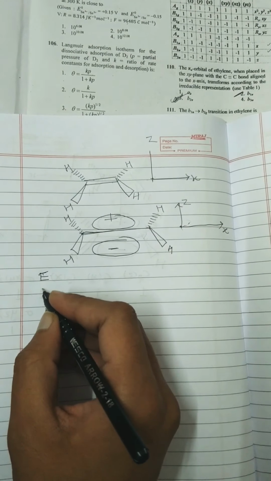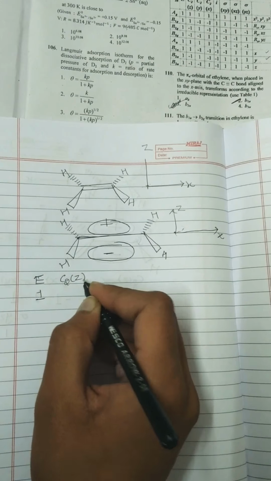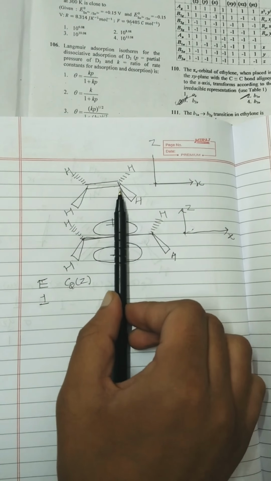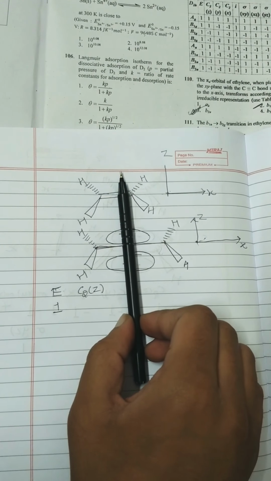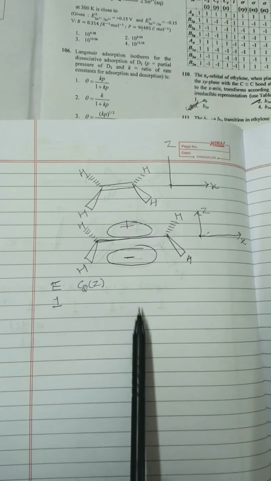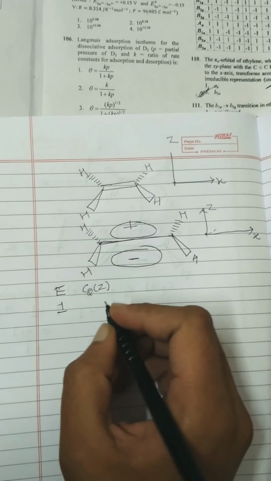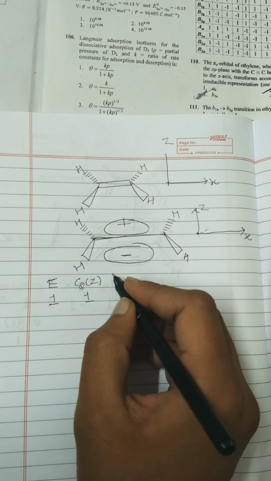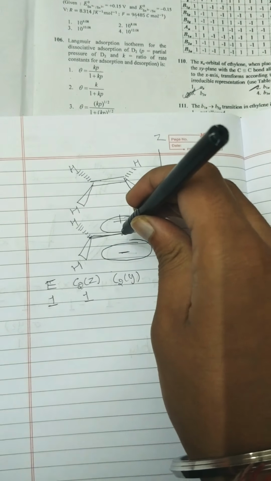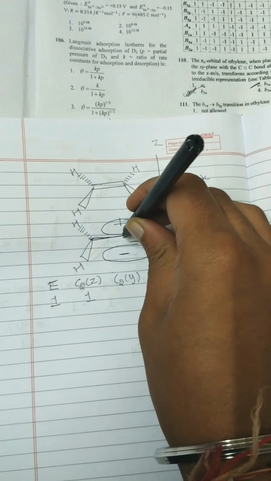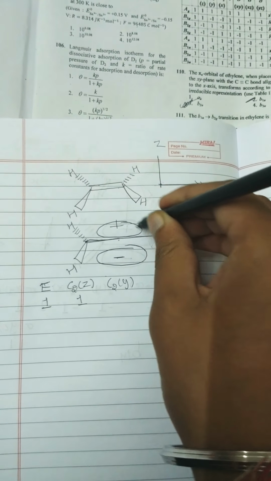Now if I apply the E symmetry operation, the identity operation, I will always get 1. For C2(z), the C2 axis along z, if you apply it there will be no change in sign. The plus lobe remains plus, the minus lobe remains minus, so that also will be 1. Now for C2(y), this axis, if you apply the C2(y) symmetry operation, there will be a change in sign.